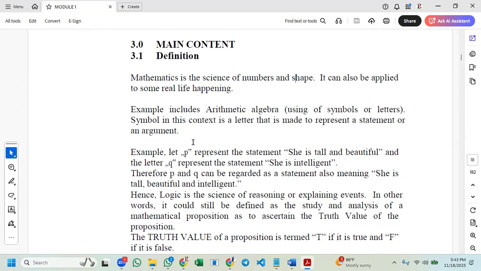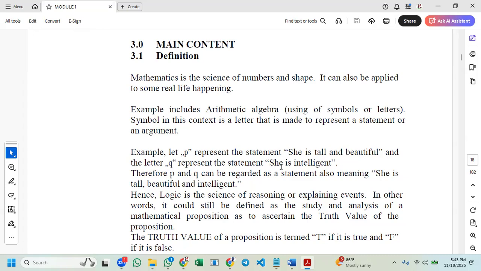She is tall and beautiful. Because we've already attributed it, the letter now represents a symbol, and when we decode the symbol, the meaning it gives us is she is tall and beautiful. And letter Q represents the statement, she is intelligent.